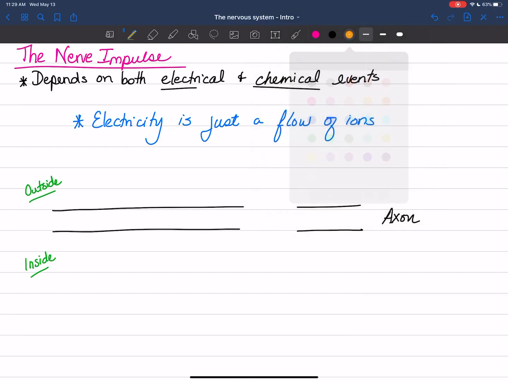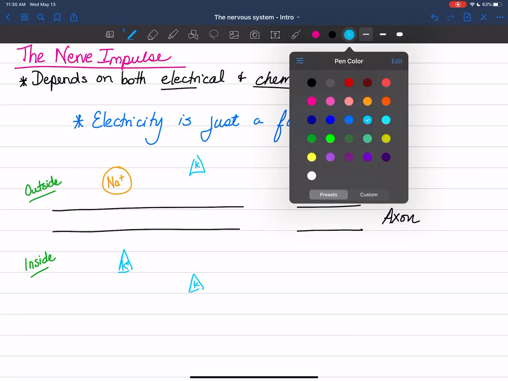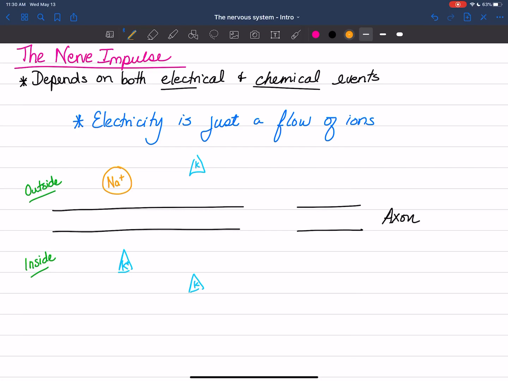You're going to have, for example, sodium ions, and I'm going to use little circles for sodium ions, and I'm also going to have potassium ions, and I'm going to use triangles for that. You're going to see that there are all sorts of chemicals everywhere, but these two are the ones that are important. Sodium and potassium are important, and we know sodium and potassium are both positive.